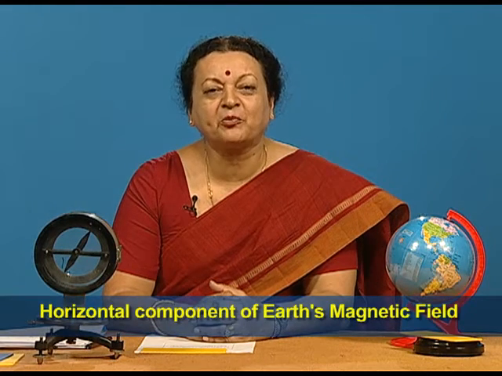And you also learnt about the horizontal component of Earth's magnetic field, and these three elements can easily describe all the requirement for knowing how much the Earth's magnetic field is affecting anything that we are doing on the earth.